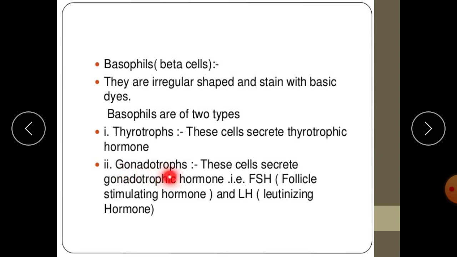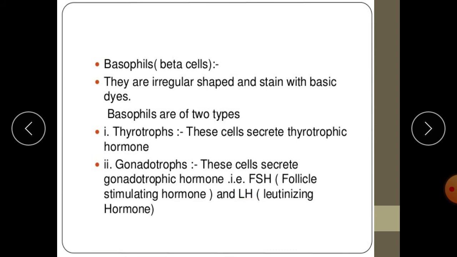Then gonadotrophs, gonadal stimulating cells. These cells secrete gonadotrophic hormones like FSH and LH. FSH is follicle stimulating hormone, which stimulates follicles for the production of gametes. LH is luteinizing hormone. These are also secreted by the anterior pituitary.